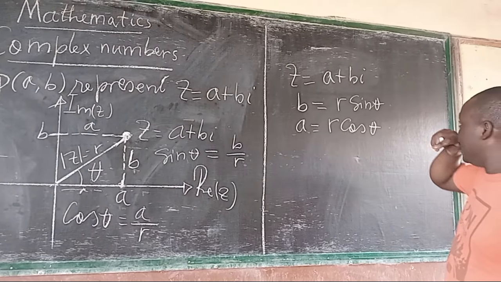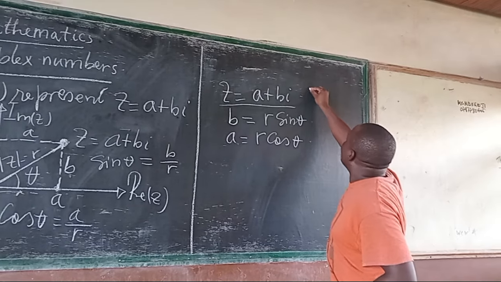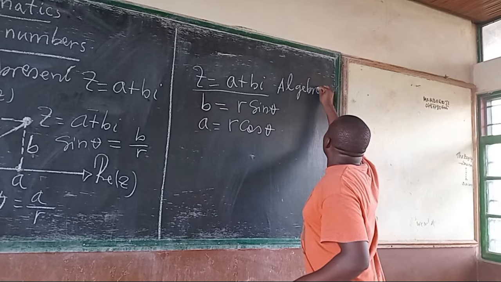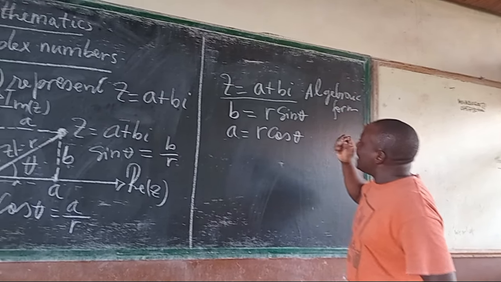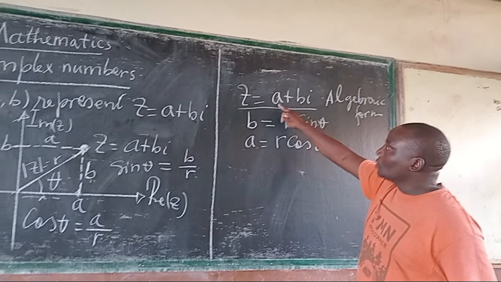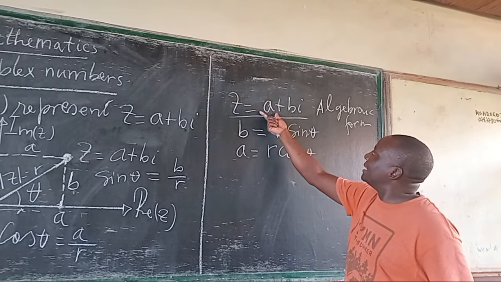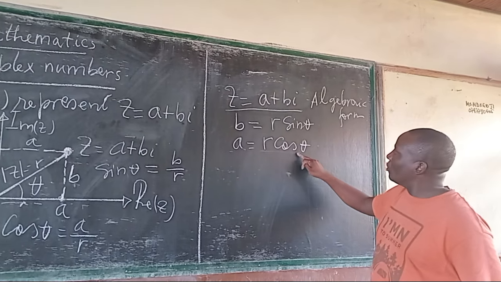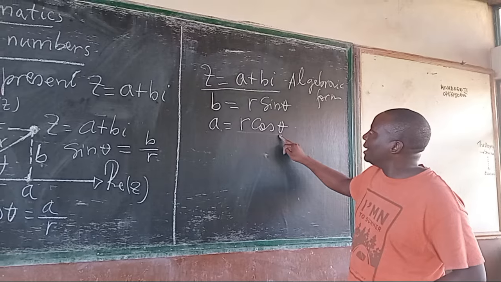As you see, teacher, here my form, I have what you call algebraic form. And I'm able to transform or to rewrite this real part A by using trigonometric function, by using cosine of an angle.